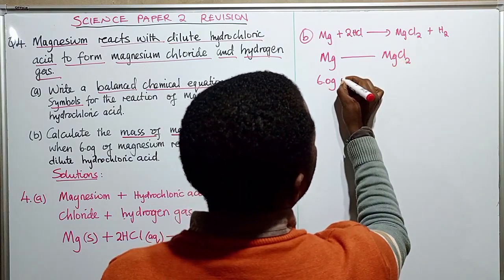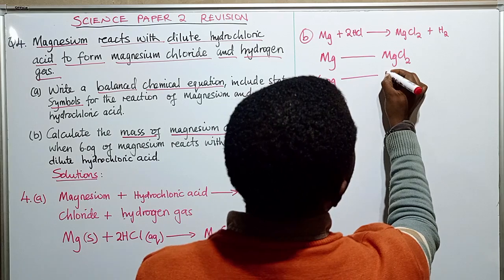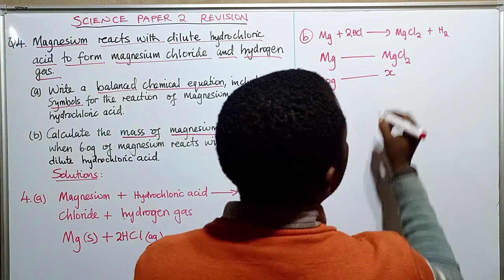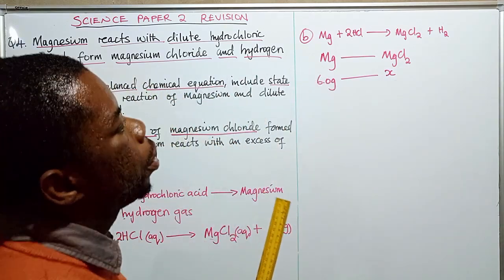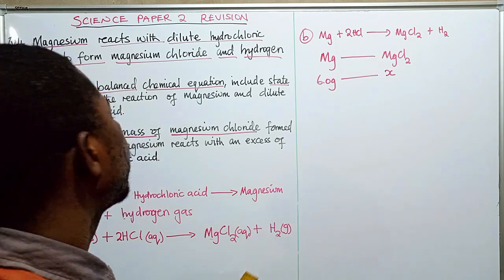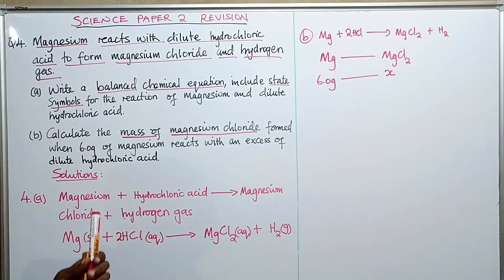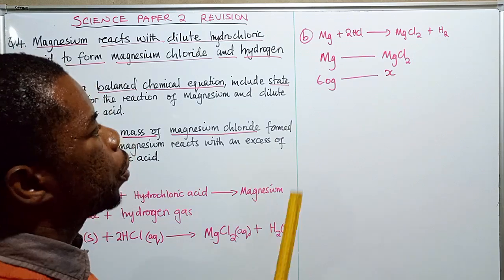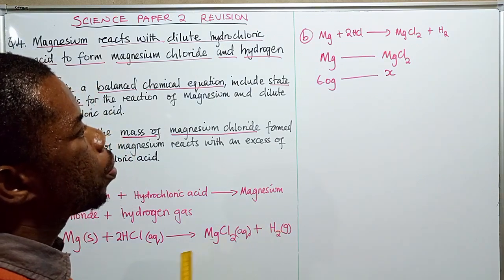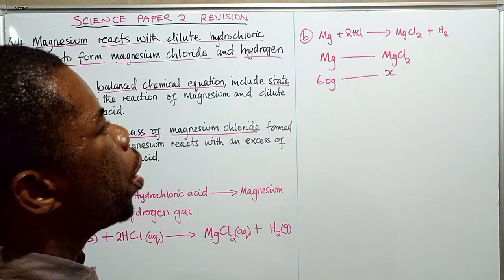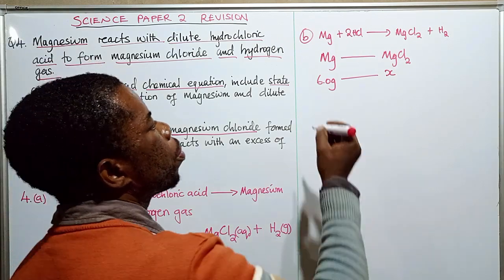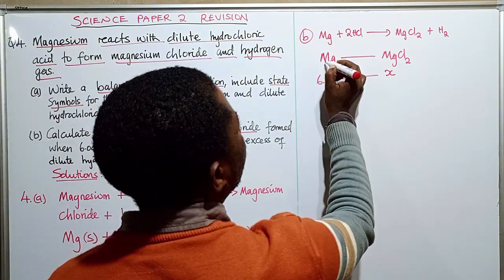We don't know it, so you put in X. As simple as that. So once you do that, you will use what we call the mass to mass relationship, where you need to know, in more concept, you use this number here.